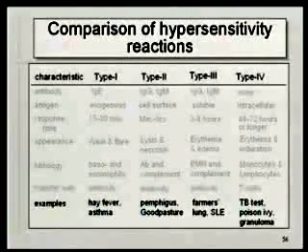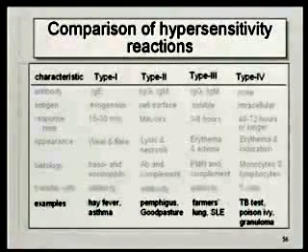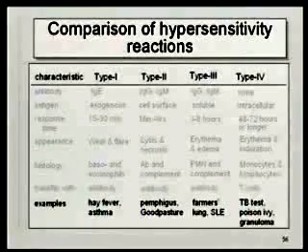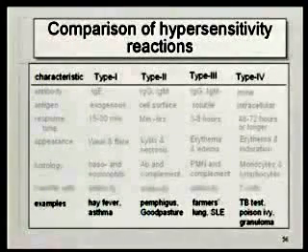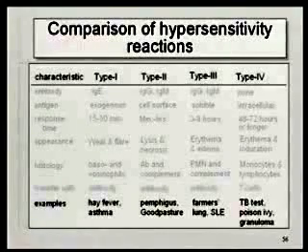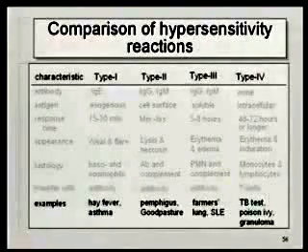And TB test, Mantoux test, tuberculin test, lepromin test for leprosy, or leishmanin for leishmaniasis, those are examples of type 4. And also the more common examples are poison ivy, poison oak reaction, or granulomas.